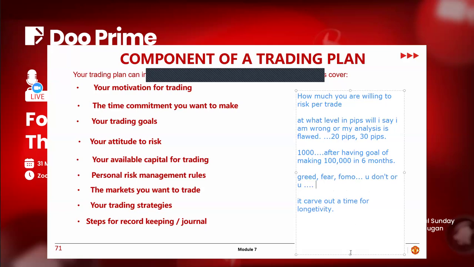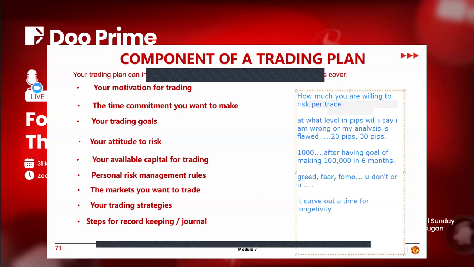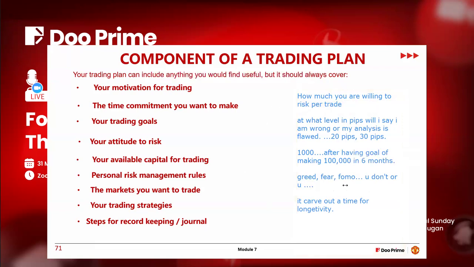It is just so certain that you end up blowing the account because you don't have a way of monitoring what you're doing. You don't have a way of controlling your risk appetite. You have nothing. You're not accountable to anything. Let me tell you one thing some people do. Even after having a trading plan, they still go on to have trading buddies.